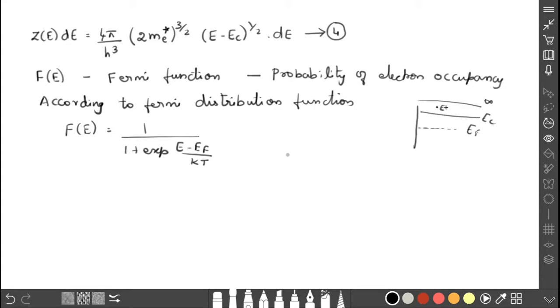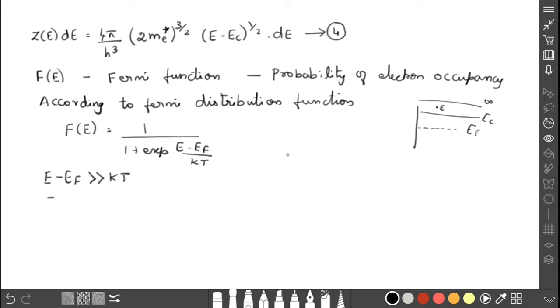So here E minus EF, E is the highest value, EF is the smallest value, so E minus EF will be very much greater than KT. What is K here? K is the Boltzmann constant and T is the temperature.